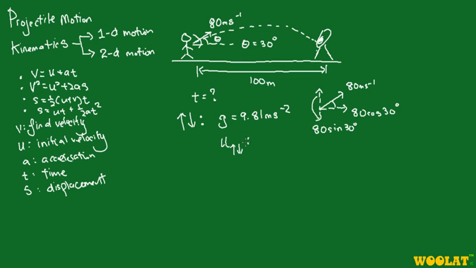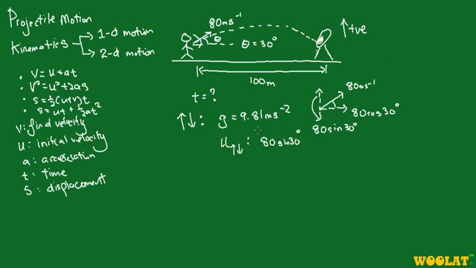So my initial vertical speed is 80 sine 30 degrees, but I must have the habit of assigning a direction. Say the upward direction is assigned to be positive.